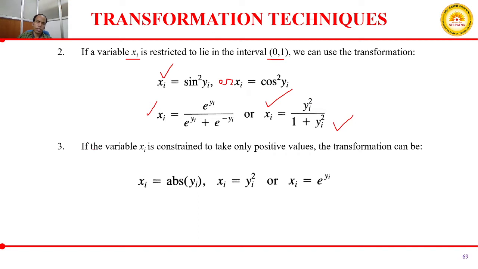Then there is a third condition, that your xi has to be positive. If this kind of restriction or constraint is there, then you will take xi equal to absolute of yi, or you can take xi equal to yi square, or you can take xi equal to e to the power yi.